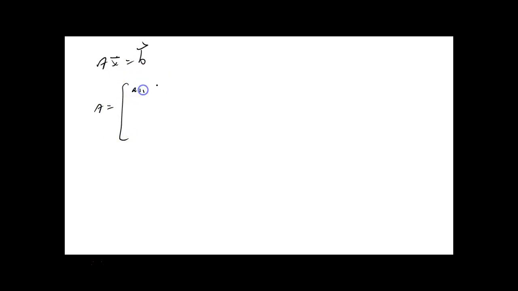This is A11, A12, A13, dot, dot, dot, to A1N. A21, A22, A23, dot, dot, dot, to A2N. A31, my A's get worse and worse. A32, A33, dot, dot, dot, to A3N.